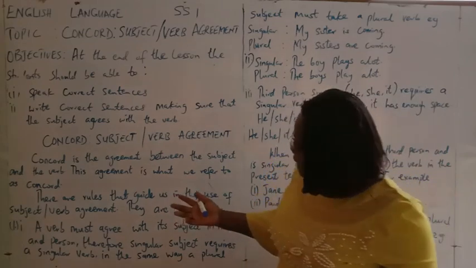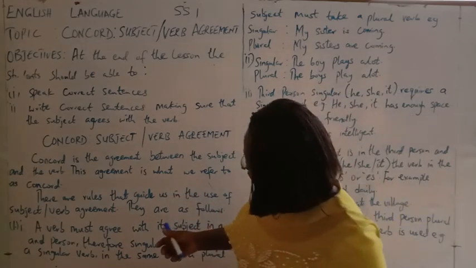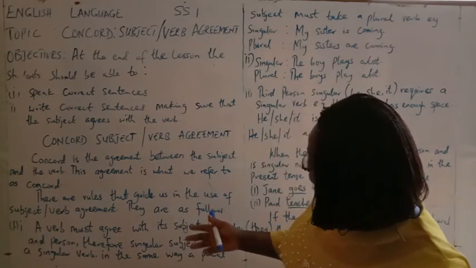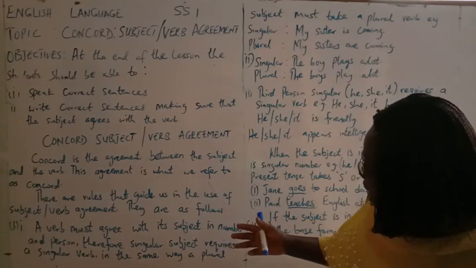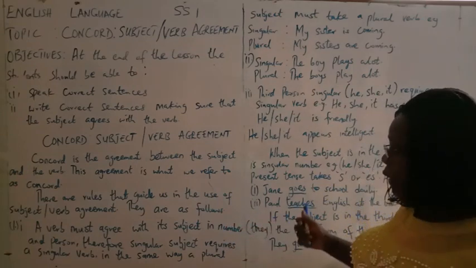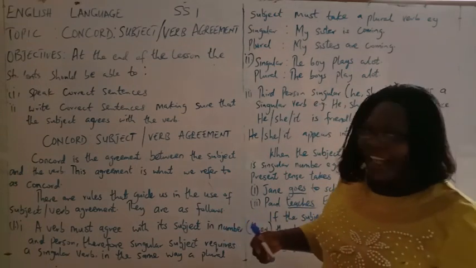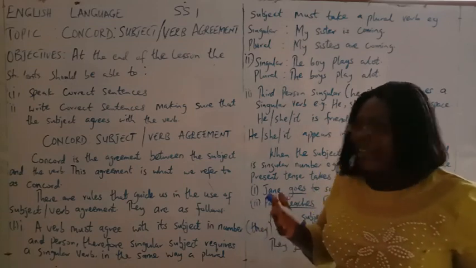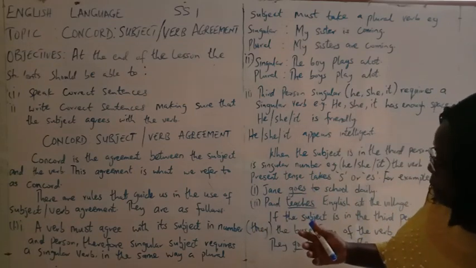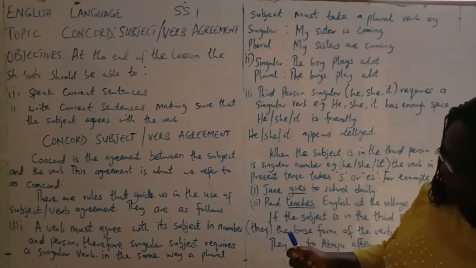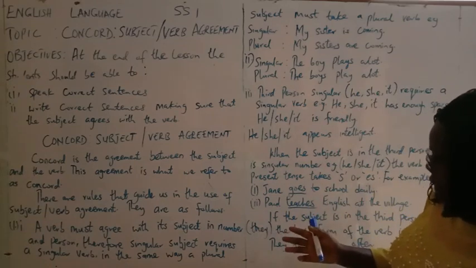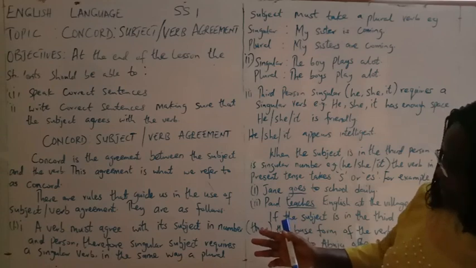Rule number one says, a verb must agree with its subject in number and person. A verb must what? Agree with its subject. Therefore, the singular subject requires a singular verb.